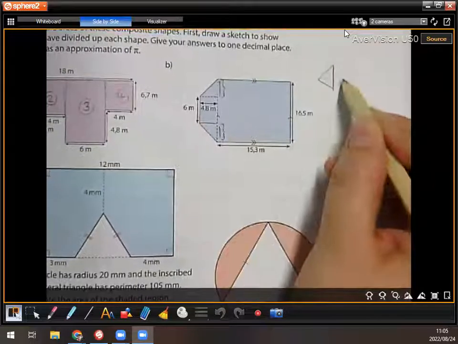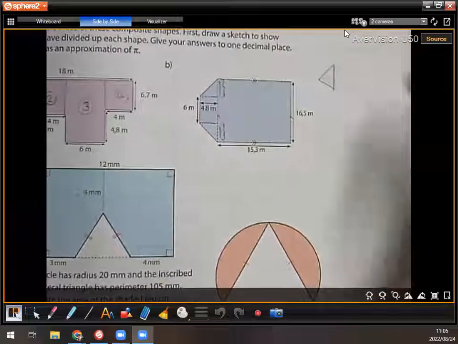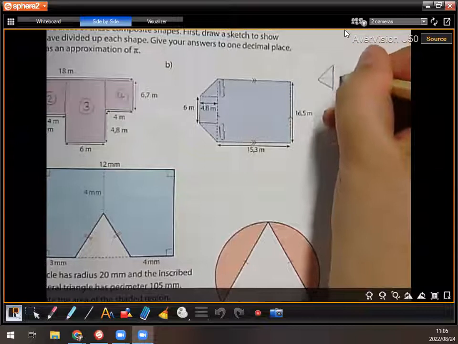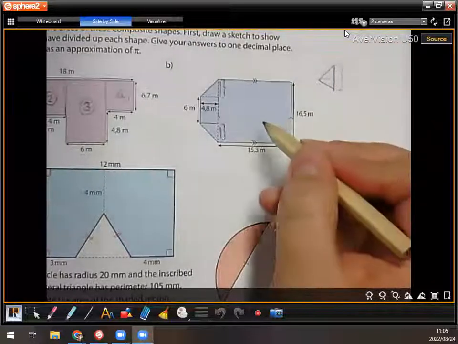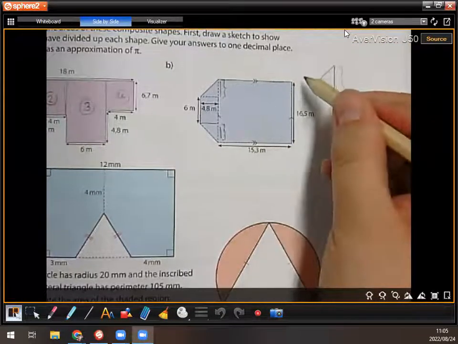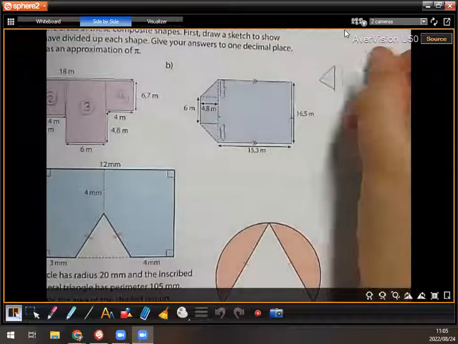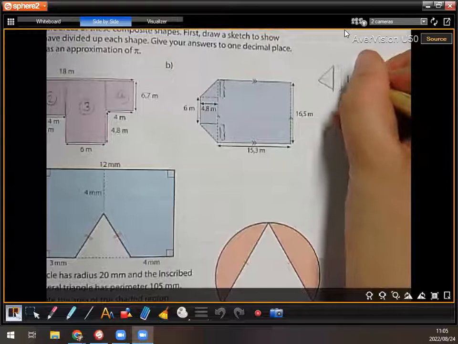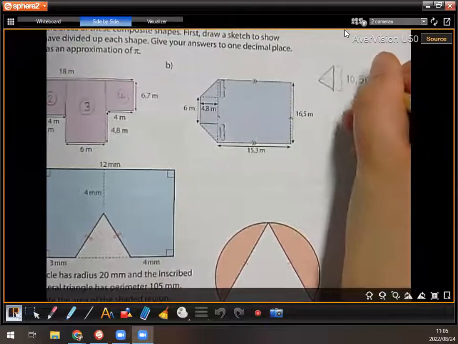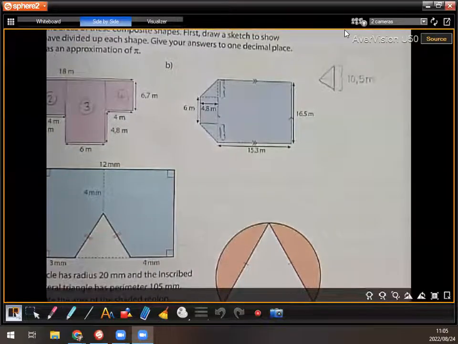And this part, and you put them together, then this distance, that base, will be 16.5 minus 6. You can actually do that, which is 10.5. Are you guys following what I'm saying? So instead of thinking of two separate triangles, we can actually form one triangle.